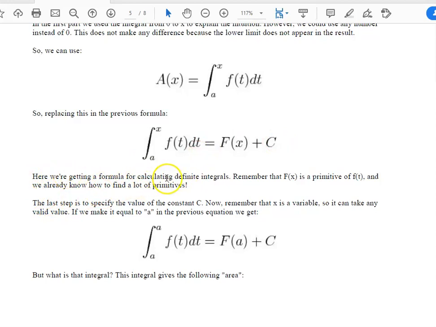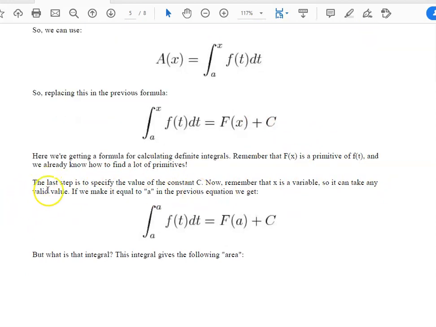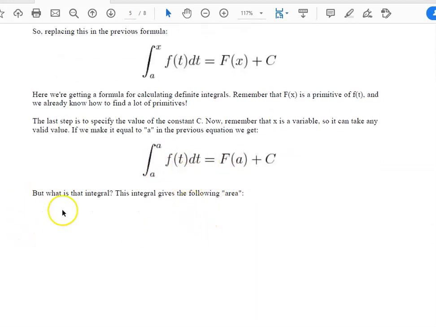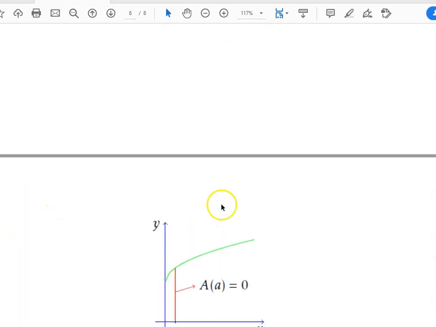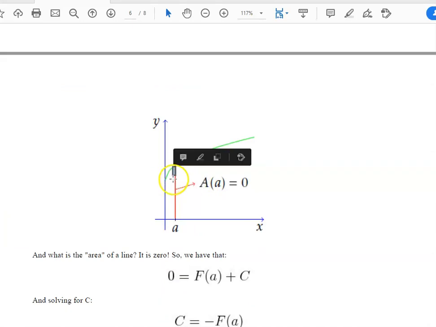So here we're getting the formula for calculating definite integrals. Just find an antiderivative with the plus c. We already know how to find a lot of those. If we go from a to a, remember, the area under that curve is just 0. The area under just a point, a to a, is 0.